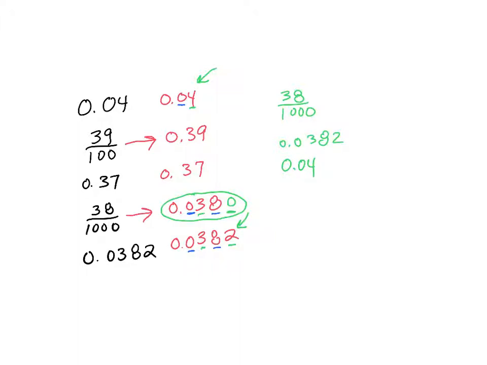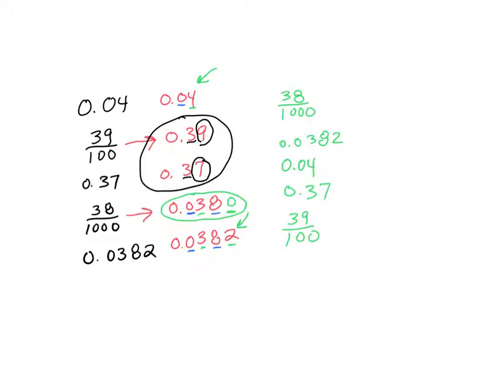Now I only have two numbers left, 39 hundredths and 37 hundredths. They both have a 3 in the tenths place, so I have to look at the hundredths place. This has a 7, the other one has a 9. 7 is smaller than 9, so my next number is going to be 0.37, followed by my last number, which is going to be the 39 hundredths, but once again I'm going to write it the way it was originally written, as 39 hundredths.